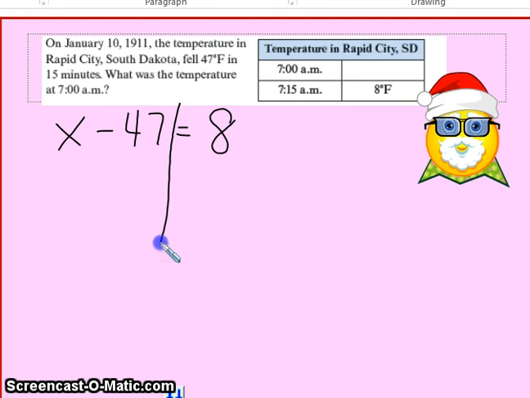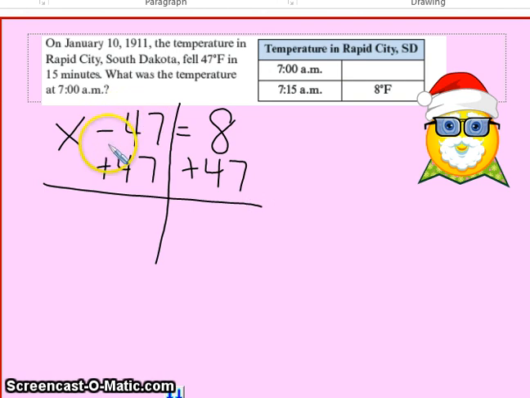So I want to get x by itself. Negative 47, to undo the minus, we want to add. And if I do that to one side of an equation, I have to do it to the other. Over here, my negative and positive 47s cancel, and I'm left with x equals 8 plus 47, which is 55. So at 7 a.m., the temperature was 55 degrees Fahrenheit.